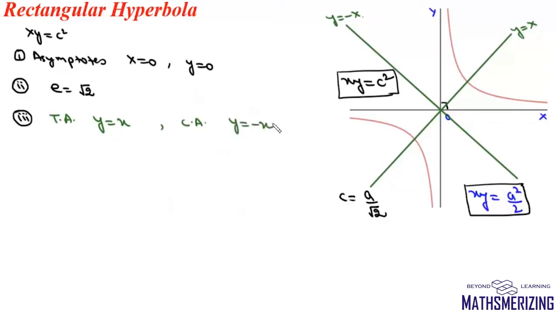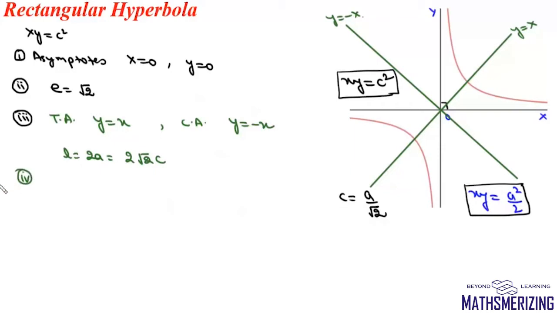Length of transverse axis and length of conjugate axis will be 2a. And what's a? a is root 2c. So length of transverse and conjugate axis will be same and it will be 2 root 2c.